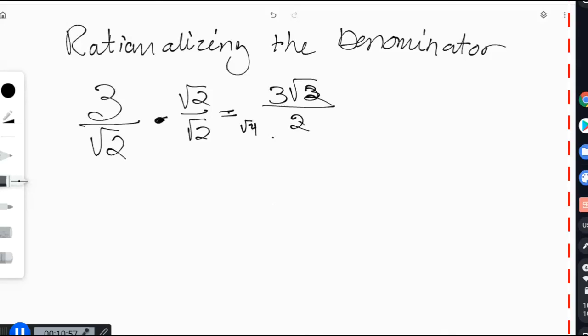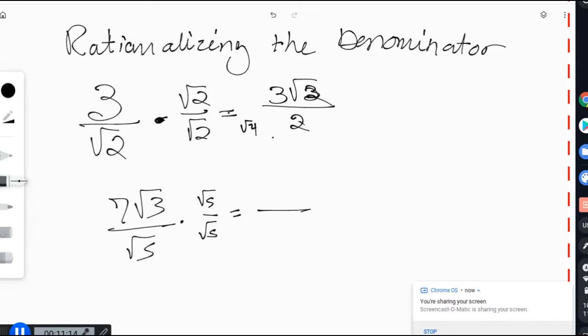So if we had another one like 7 root 3 divided by root 5, that root 5 is the problem. Multiply it by your special 1. So the root 5s cancel out. See the bottom first, we got root 5 times root 5, which is root 25, and that simplifies to plain old 5.